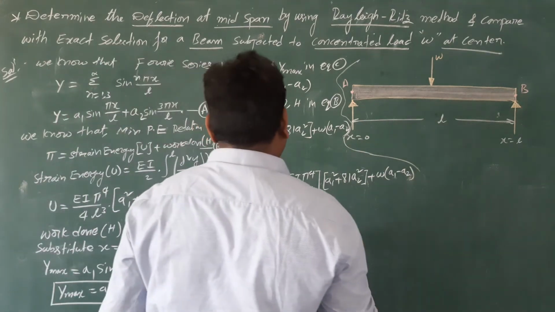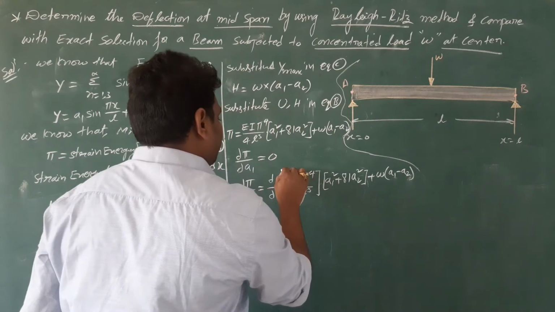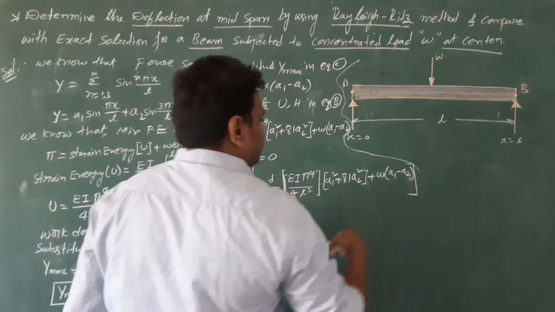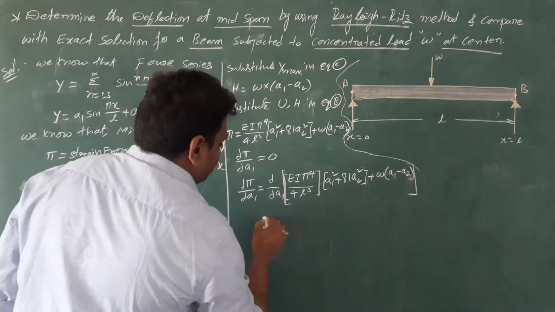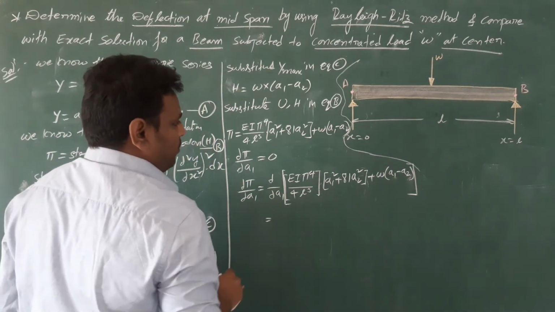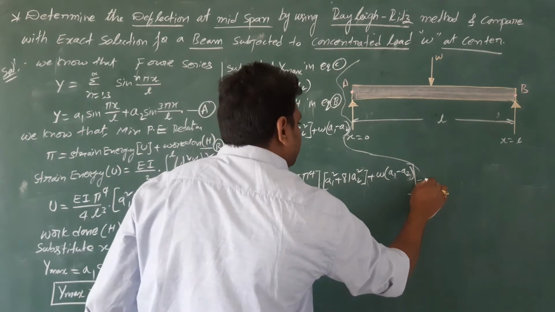So we differentiate the entire equation with respect to A1, and we get ∂Π/∂A1 equal to 0.